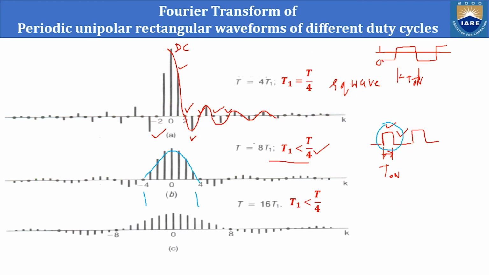Earlier this was the width of the main lobe, and now it has increased because T on has reduced. If it is further reduced, let us take another one with a very small pulse width but the same period, it comes like this.